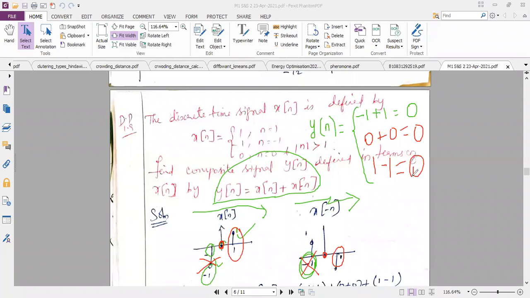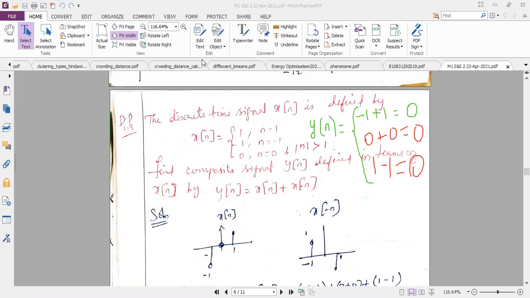So you are adding the amplitudes. Adding the two signals is nothing but adding the amplitudes with respect to n. N is along the x-axis. So you cannot add, I will tell you one example, the sample amplitude at n is equal to minus 1 with the sample value at n is equal to plus 1. The respective n values' amplitudes you have to add. Am I clear?